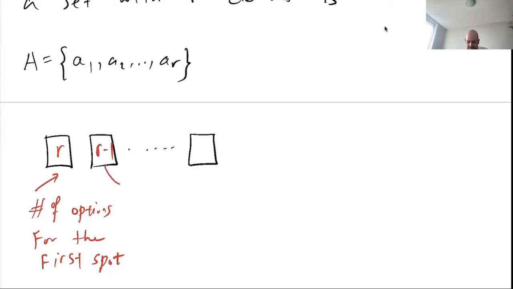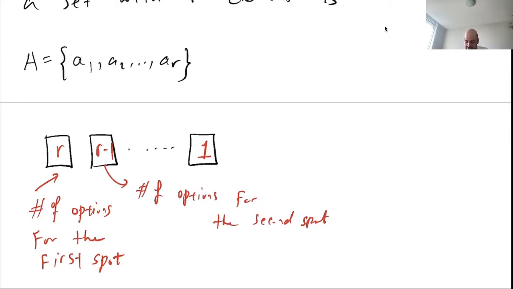The number of options for the second spot. And so the next spot has R minus 2 options, and so on. And for the rth position, I'm going to be left with only one option.